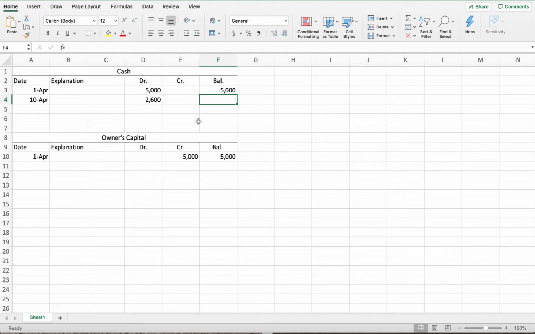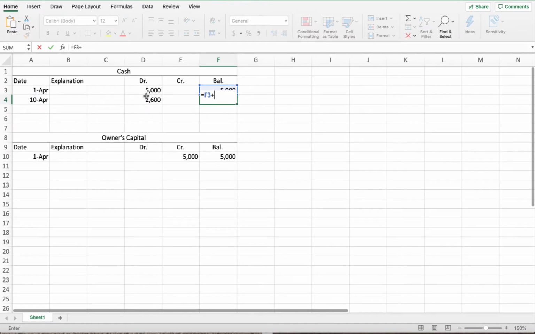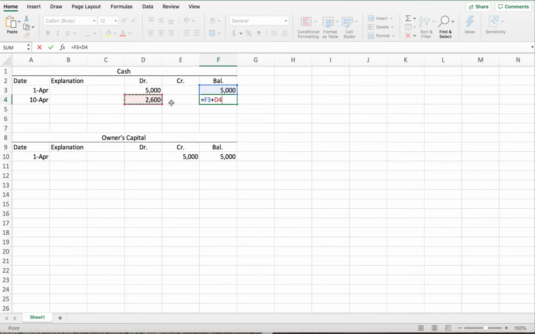We can use Excel and say, okay, I want to do a calculation. Equals, I want to add my balance, which is in cell reference F3. So I want to start there. And to that, I'm going to hit the plus button, and I'm going to click on cell D4, which is that second transaction that I made.